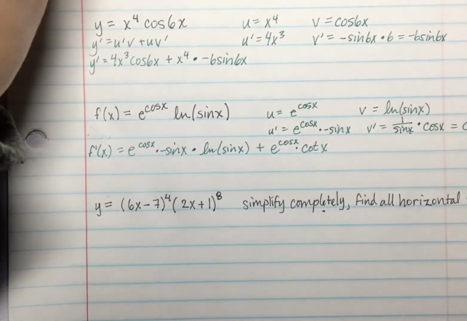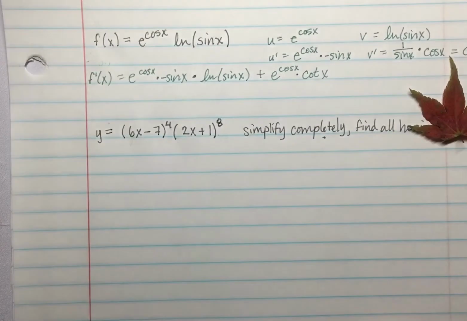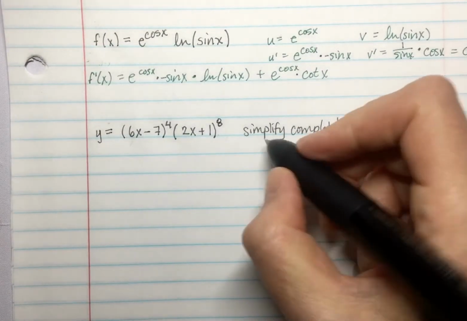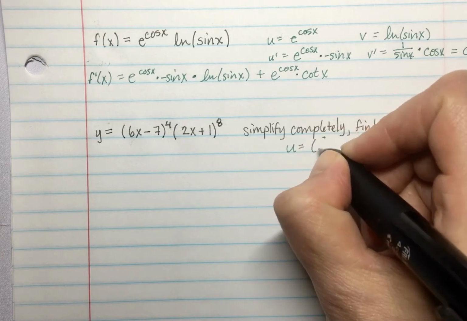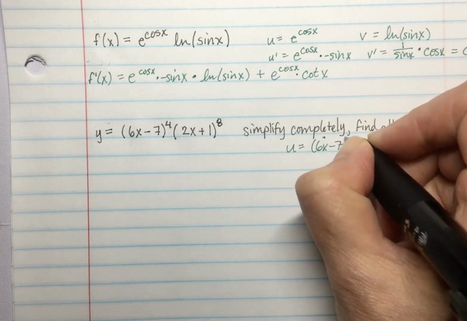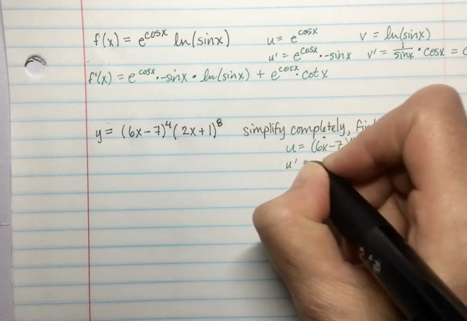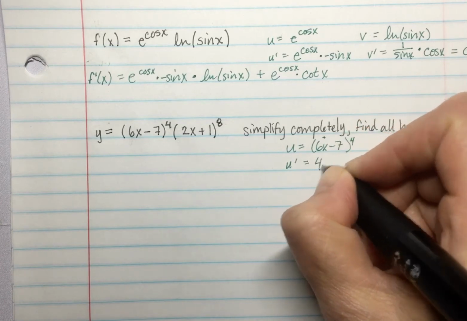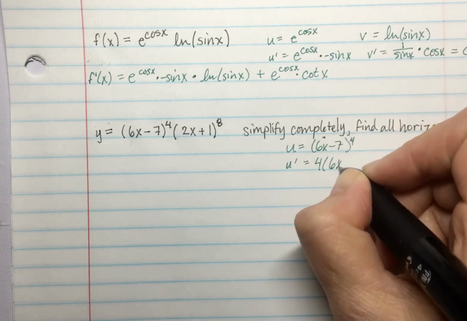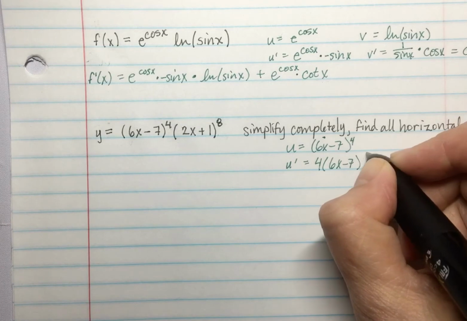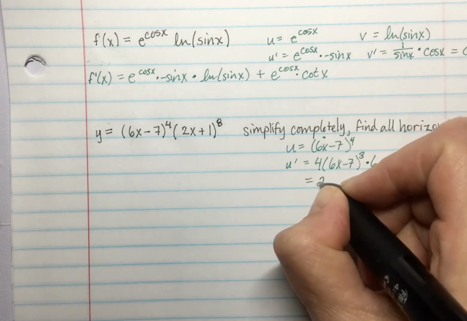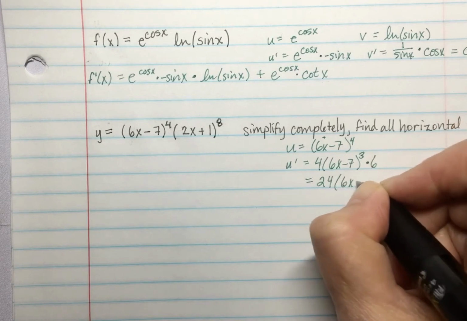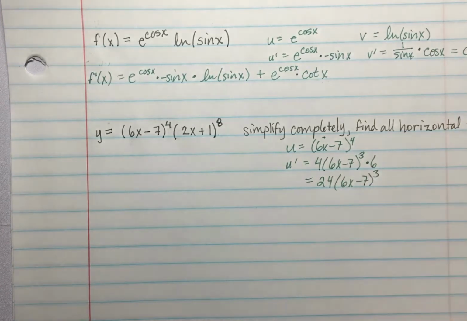Okay, so we'll do our usual thing. We have our u and u prime. So u is 6x minus 7 to the 4th, and u prime is 4 times, keep the inside the same, 6x minus 7, new exponent 3, and then times 6, and I'm going to clean this up: 24 times 6x minus 7 quantity cubed.